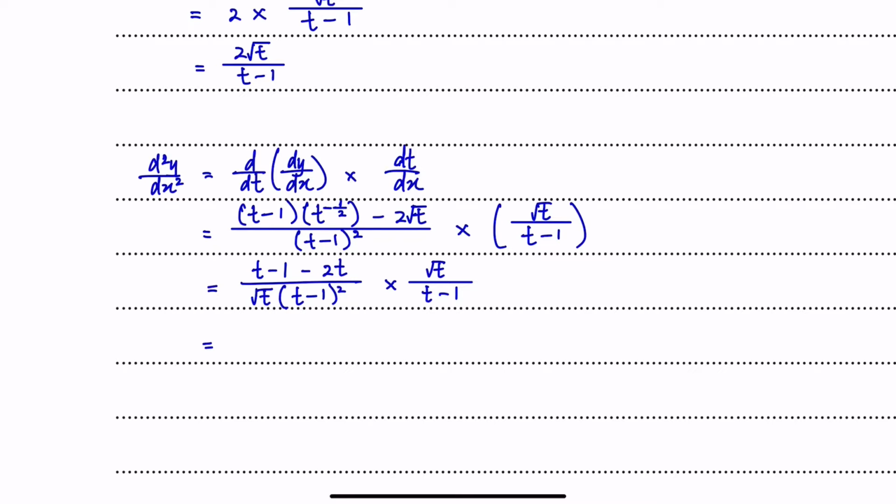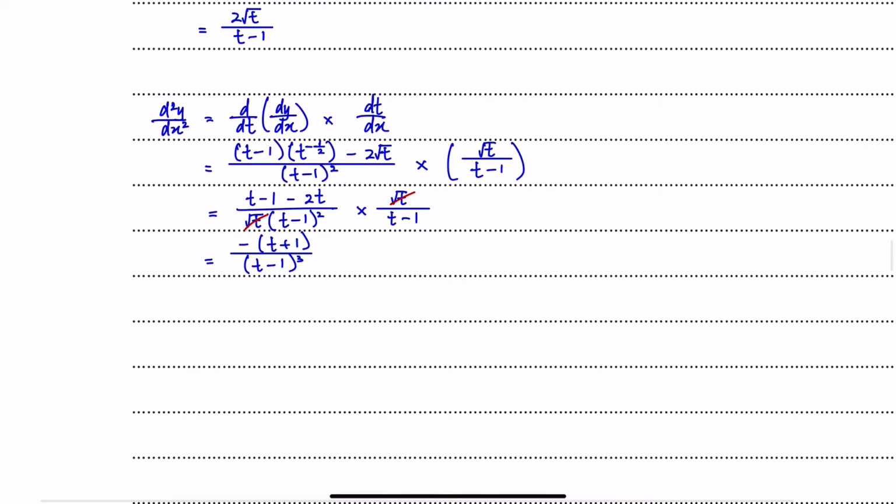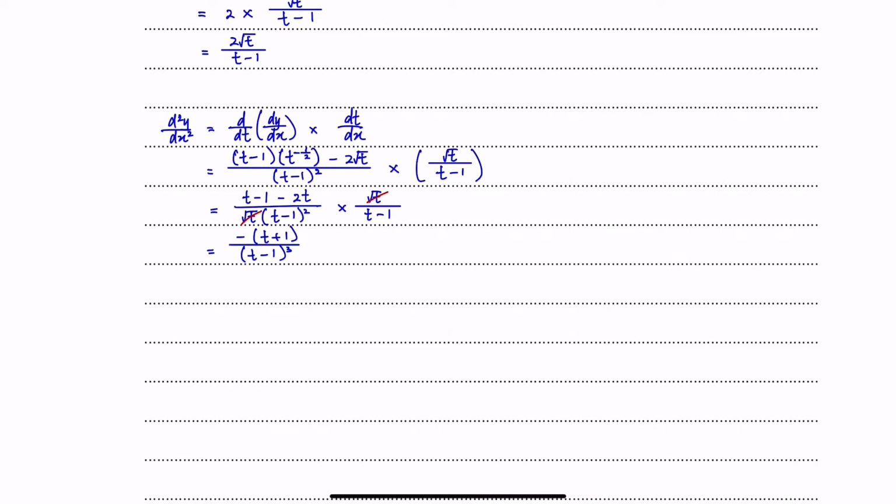And now these two can be cancelled off and we get negative bracket t plus 1 over t minus 1 to the power of 3. So this will be d2y over dx squared.